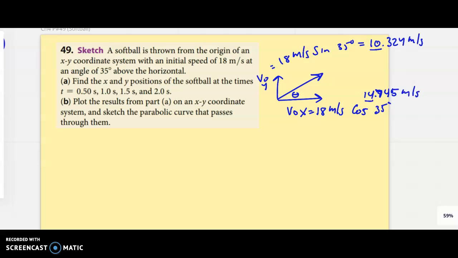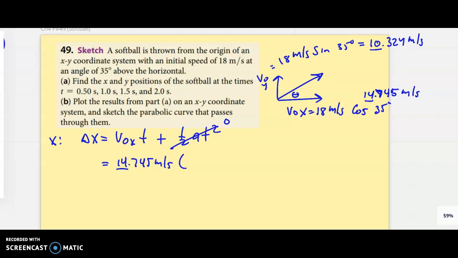Now, they want to know at those 4 times, where is the ball? Well, in the X direction, delta X equals V0X t, technically from your formula sheet plus 1/2 a t squared, but in the X direction there's no acceleration, so it's just this first term. So I'm going to take that 14.745 meters per second and multiply by 0.5, 1.0, 1.5, and 2.0.